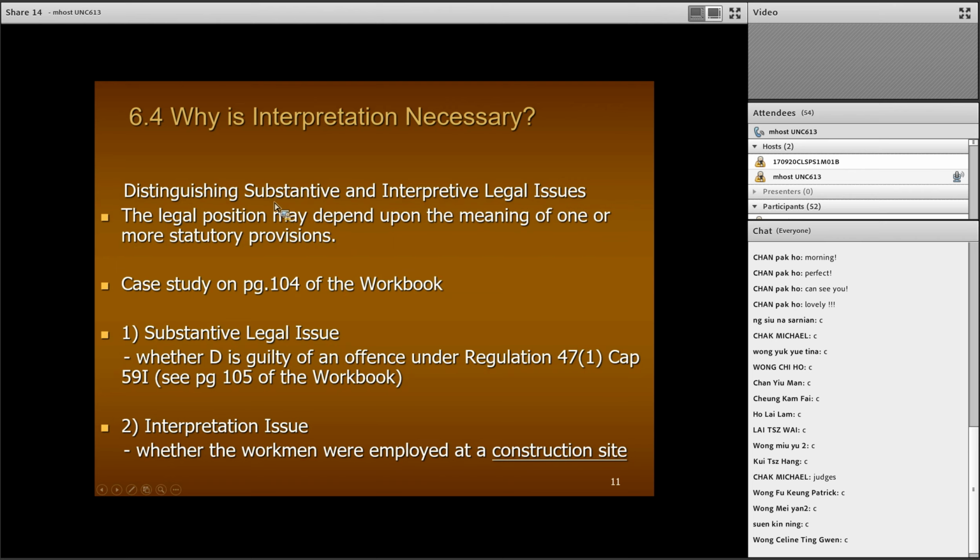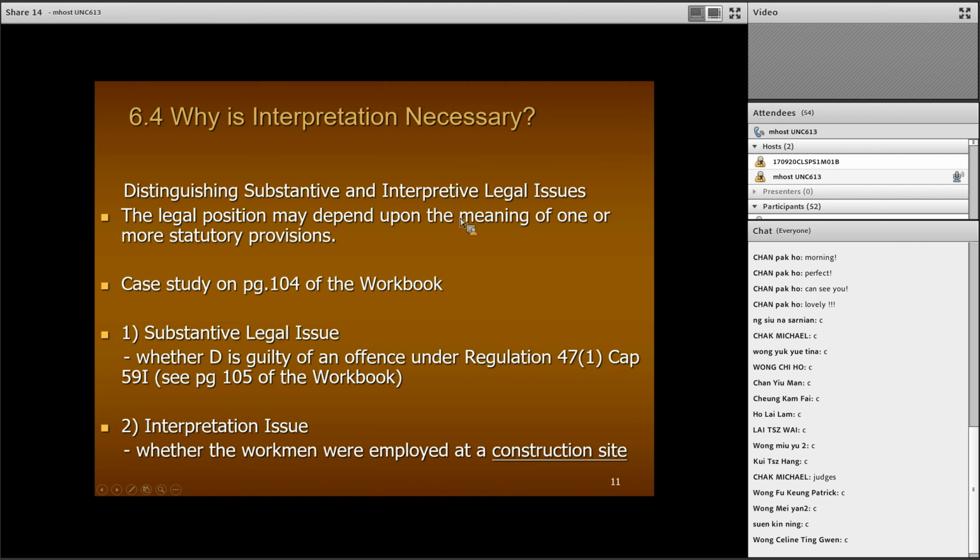In chapter 2, we have learned one of the classifications is substantive law versus procedural law. The actual duties and rights of the parties are called substantive law. For example, contract law, tort law, company law. Usually they are substantive law. So those are the usual issues in the court.